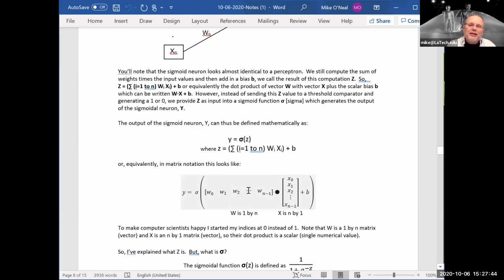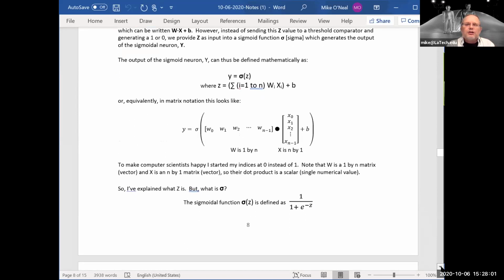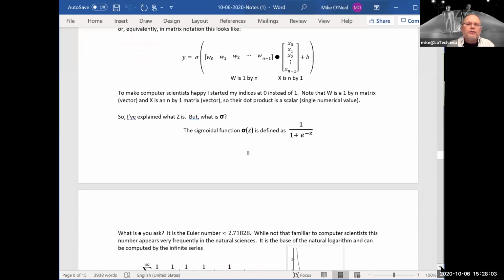So this gives me z. I didn't call it z here, but this gives me z, and I plug z into the sigmoid function. Questions at this point? Don't see a lot of questions, so I'll continue to move forward.